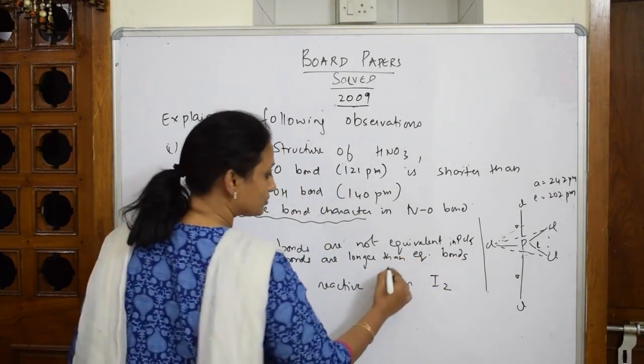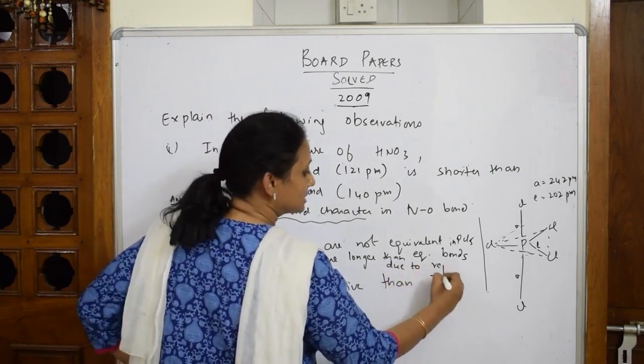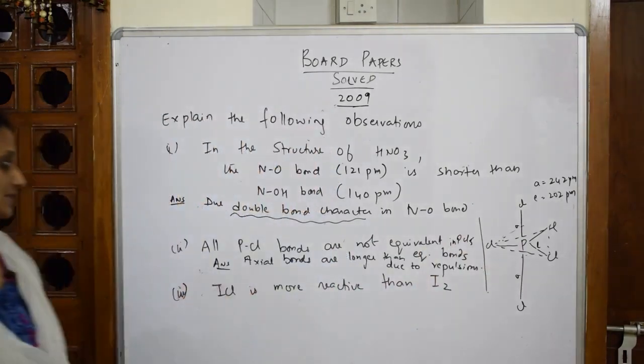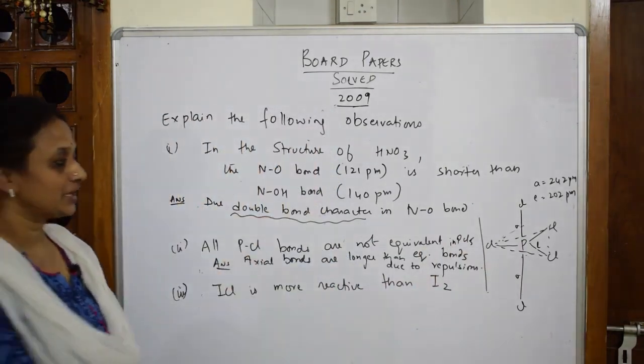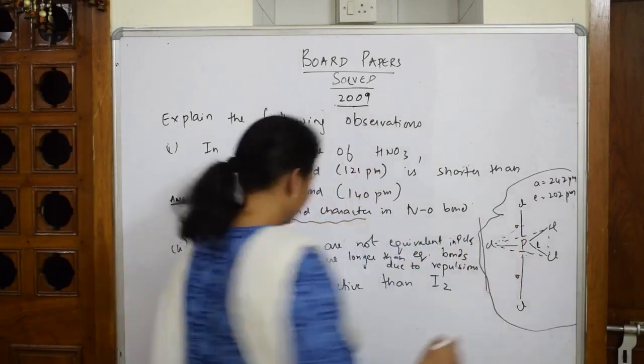Why? Due to lone pair repulsions. That's it. This is your answer. Then draw that structure and this data also, please. This is also important.